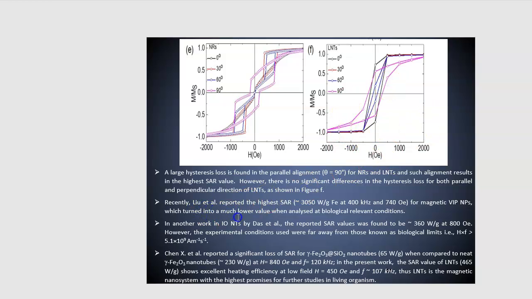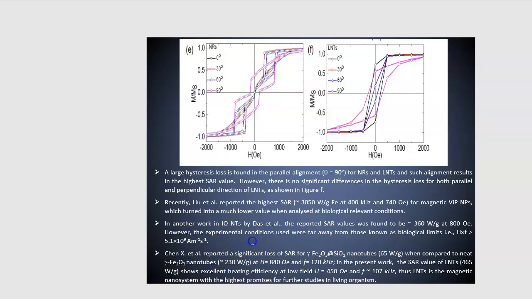And if we see the recent reports, Liu et al. have reported the highest SAR, approximately 3050 watt per gram per iron at 400 kilohertz and 740 Oersted for magnetic vortex iron oxide nanoparticle, which turned into a much lower value when analyzed at biologically relevant condition.